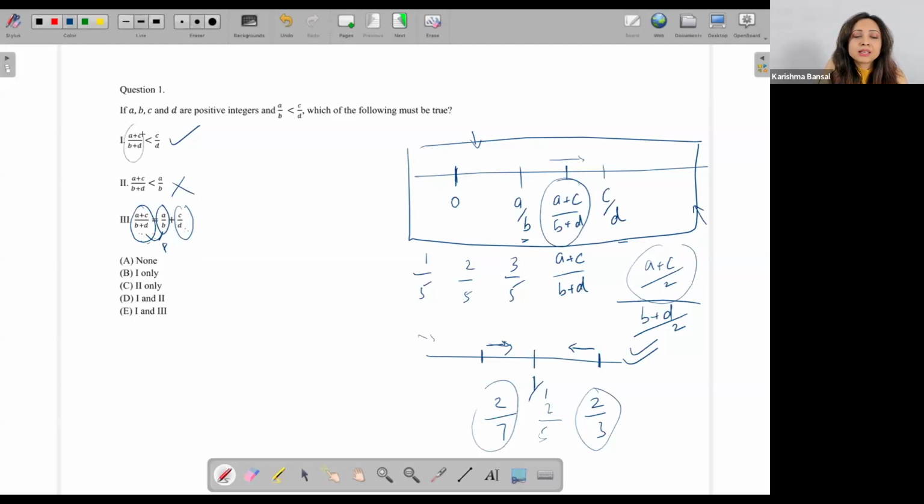I know that this thing is less than c by d. Then how can a plus c upon b plus d be equal to something positive plus c by d? That's not possible, right? Because this thing is anyway less than c by d, and I'm making the right hand side even bigger. So that is not possible.